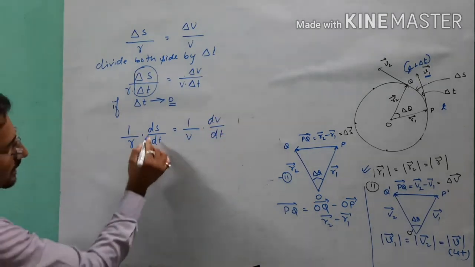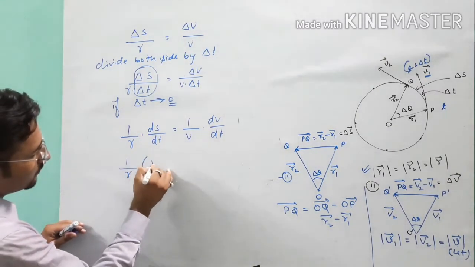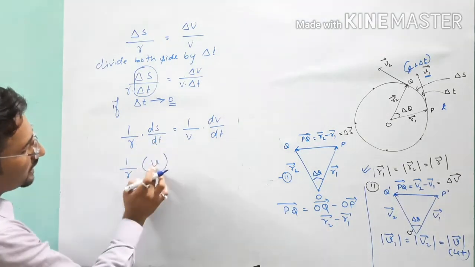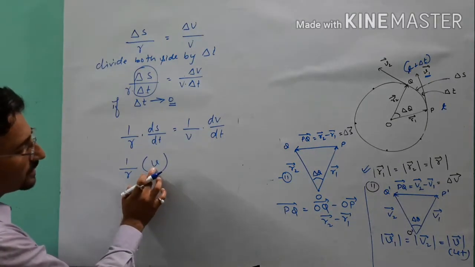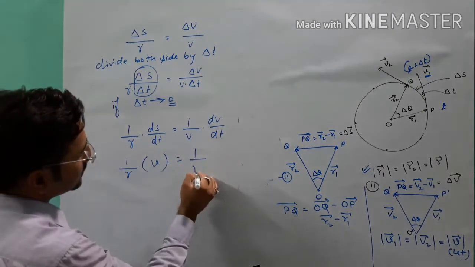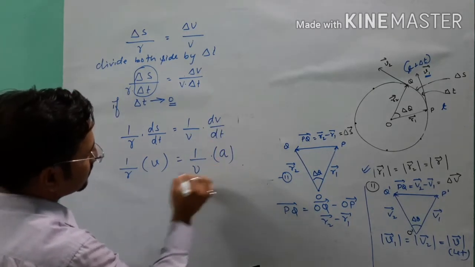Now student, you know that the value of ds over dt is your velocity, displacement over time interval, and here also it is 1 upon v, and dv over dt is your acceleration. Point clear.